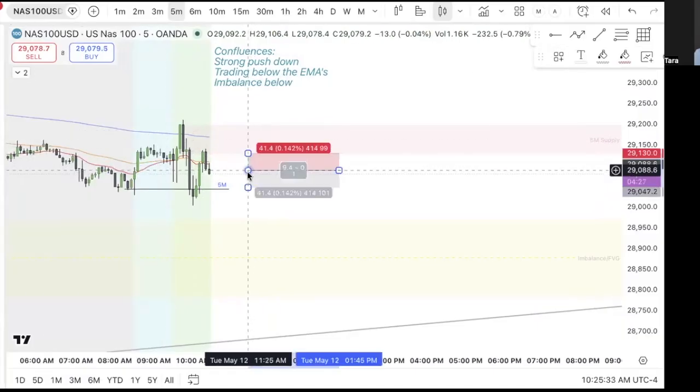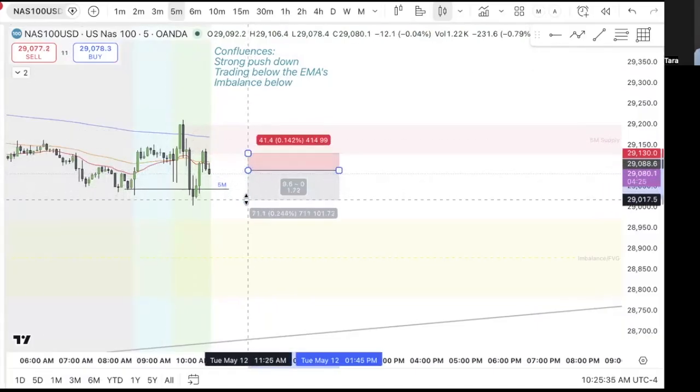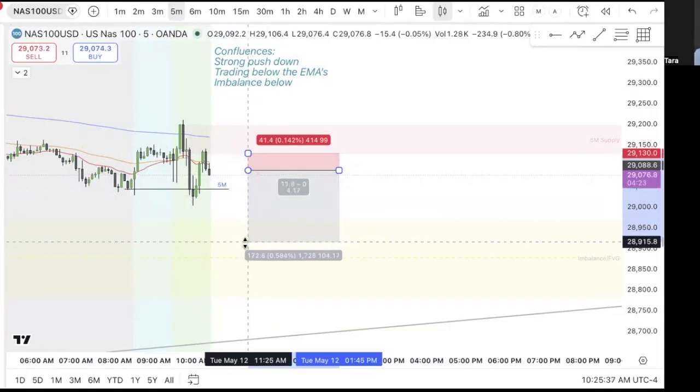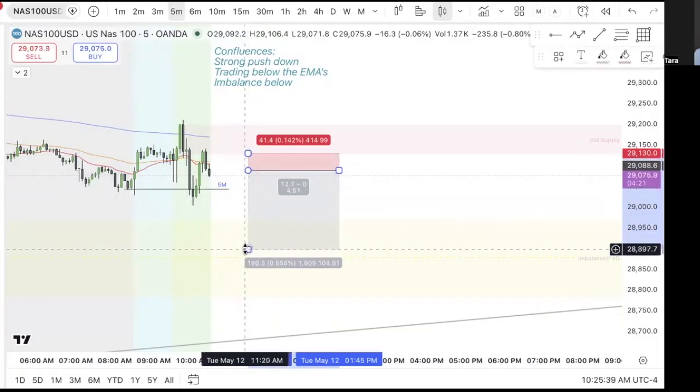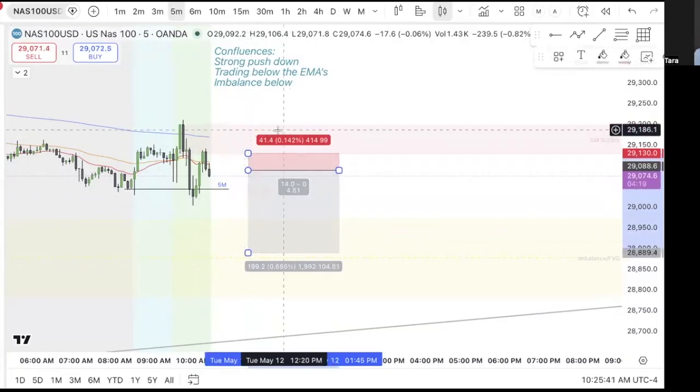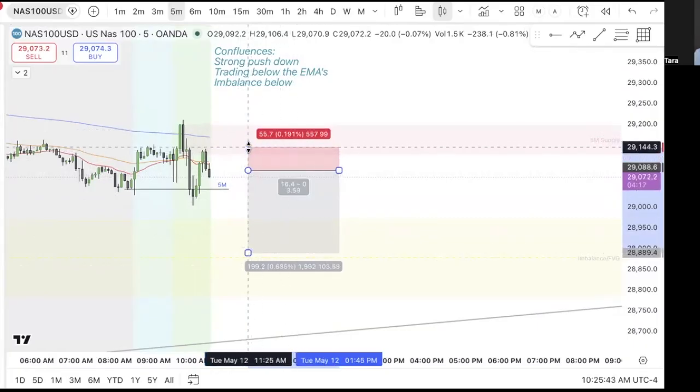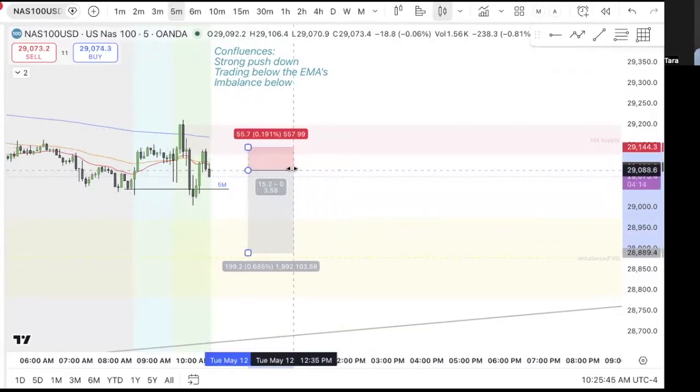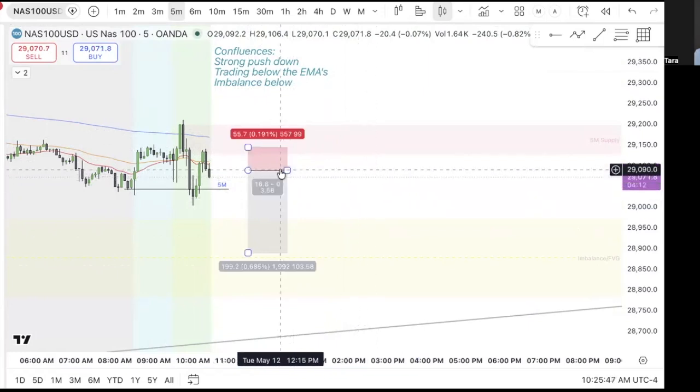And so we could enter here, and what we're going to do is target the middle of the imbalance with our stop above the highs, or a 1 to 3 or 1 to 3.5.